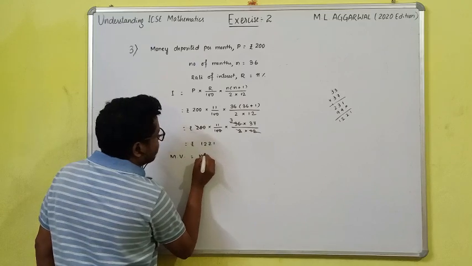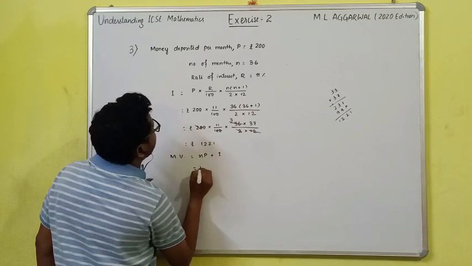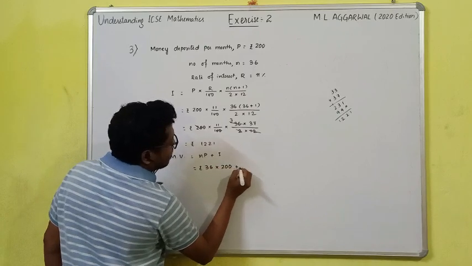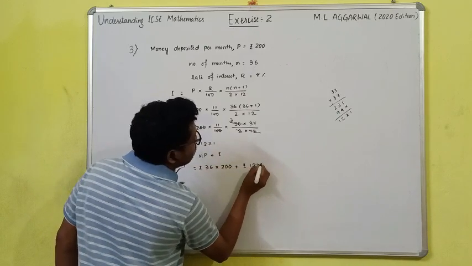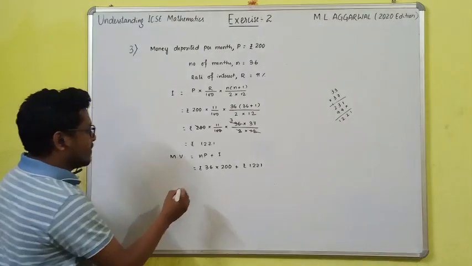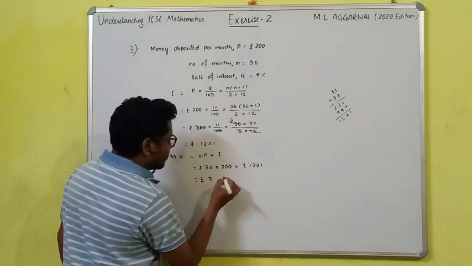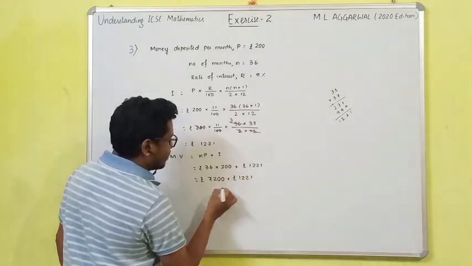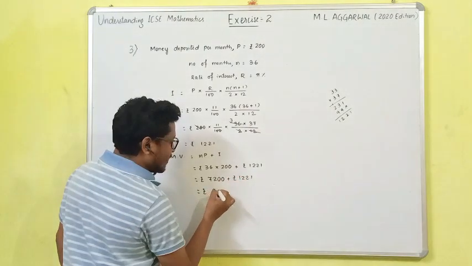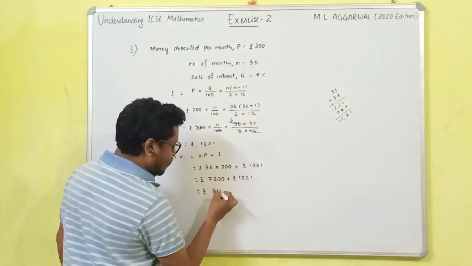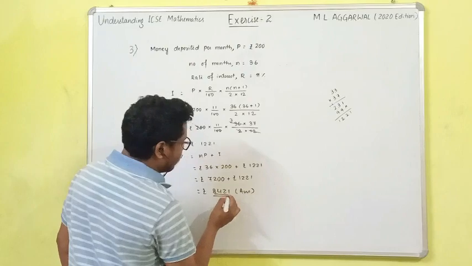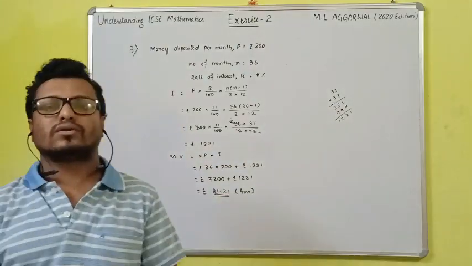Is equal to NP plus I. N is equal to your 36, P is equal to 200 plus here 1, 2, 2, 1. So it will be 36, 2 is 70, 200 plus 1, 2, 2, 1 is equal to rupees 8, 8, 4, 2, 1 will be your final answer. So this is all about your question number 1 to 3.